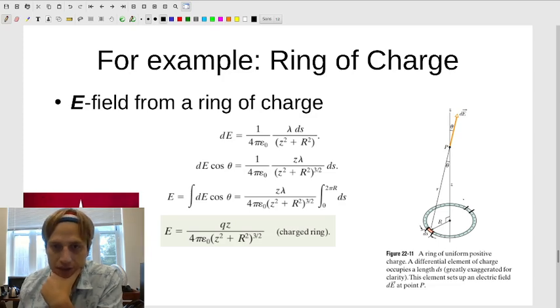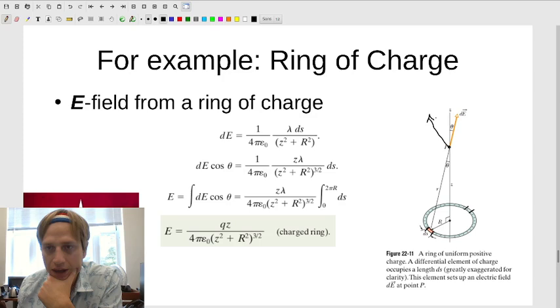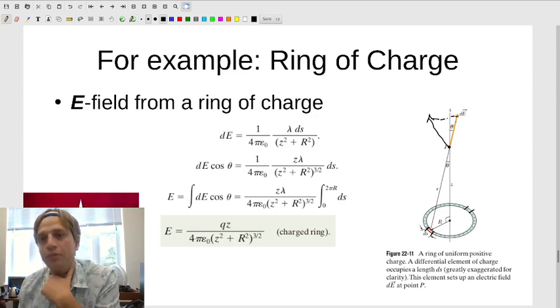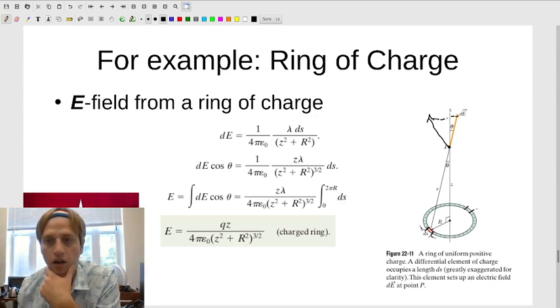And the reason why it's a little bit of a slick problem is that the component of the electric field, if we're just looking at the electric field along the axis, those x components, or in the xy plane, will all cancel out because the charges on one side of the ring are canceled out by charges on the other side of the ring.